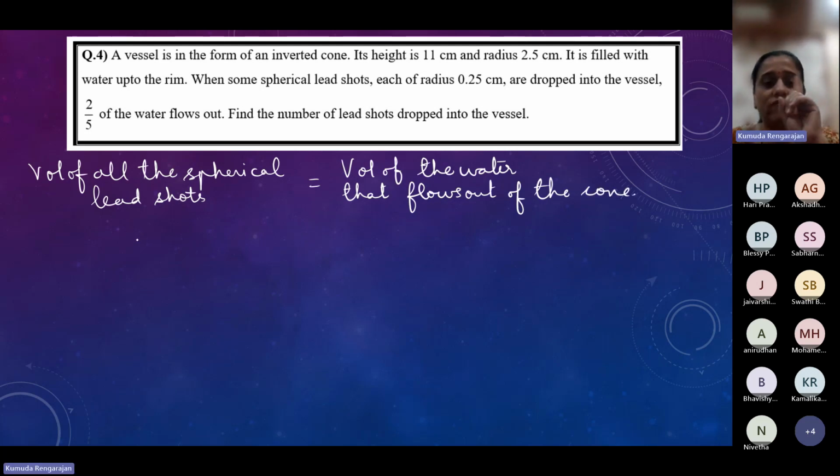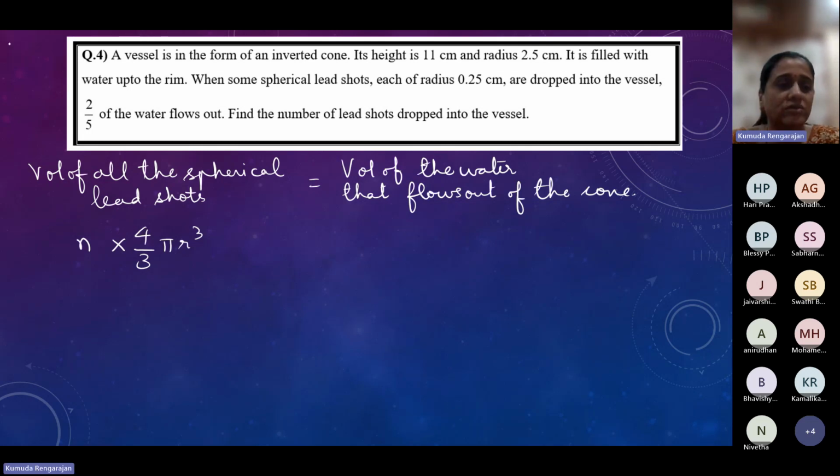Now, volume of one spherical lead shot, volume of one sphere is 4/3 pi r cube. Now, volume of all the lead shots, how many we don't know. So let it be n. We'll assume that n lead shots are dropped into the cone.